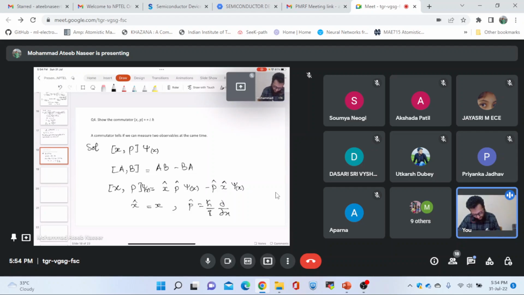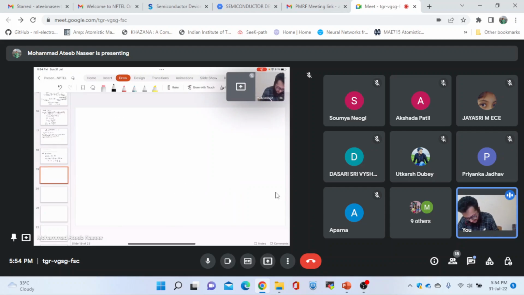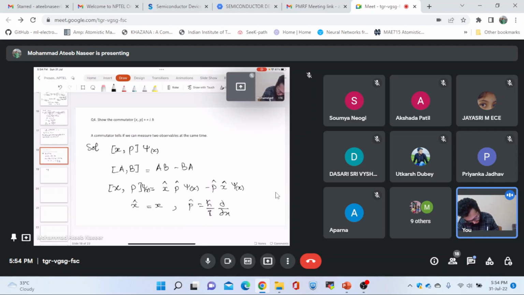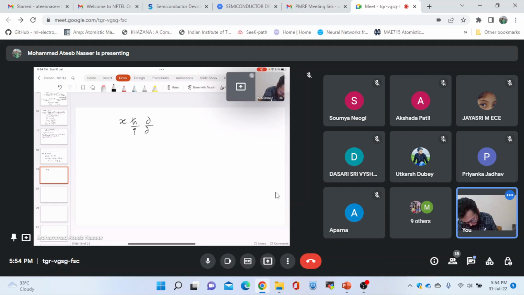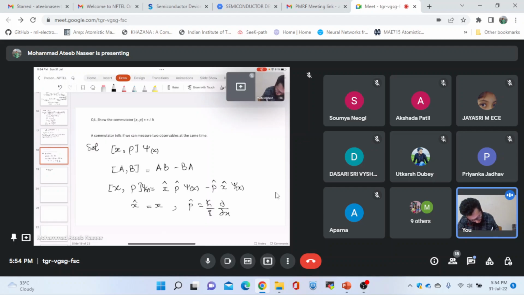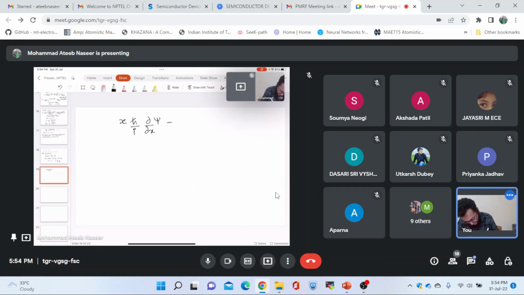So we can put this value of p hat and this x hat, and what we will be getting is simply x h bar by iota d by dx of psi, and with the minus expression we will be getting minus h bar by iota d by dx of x psi.